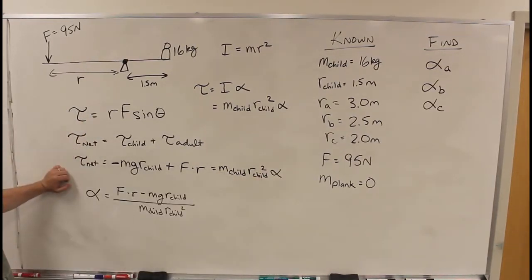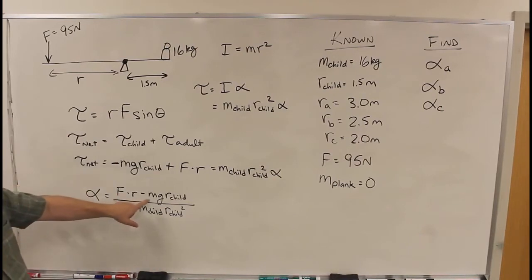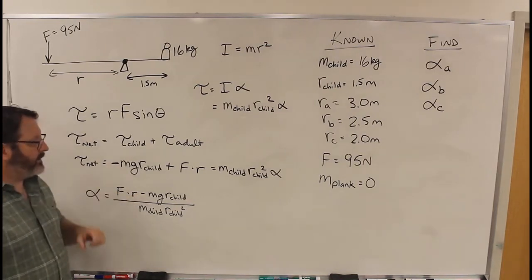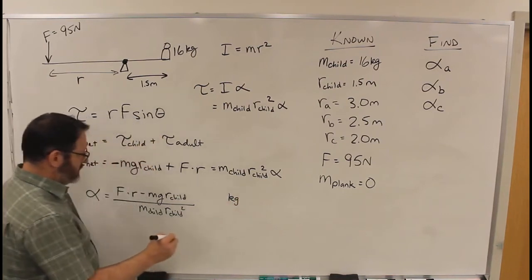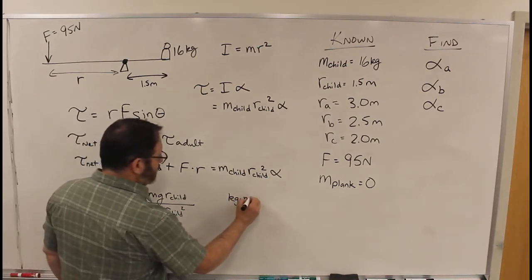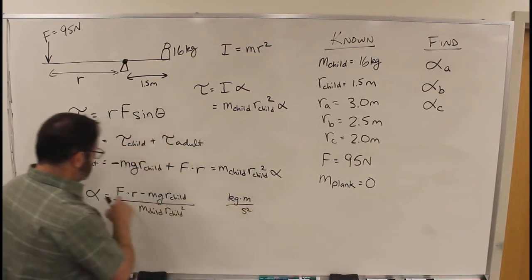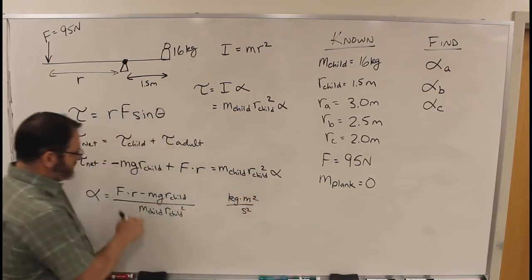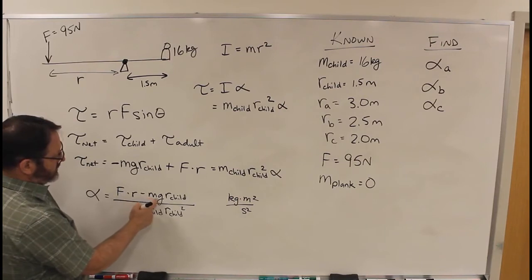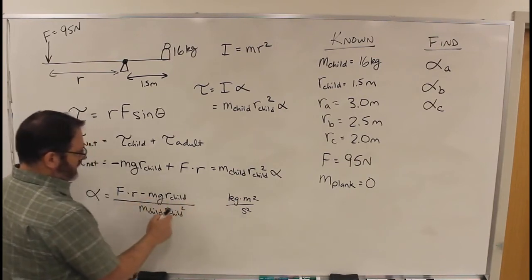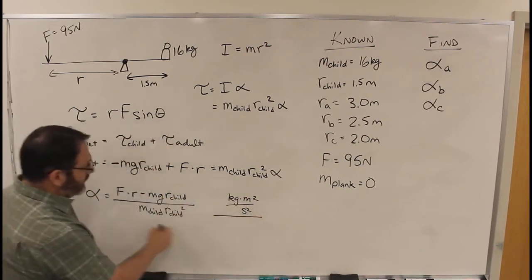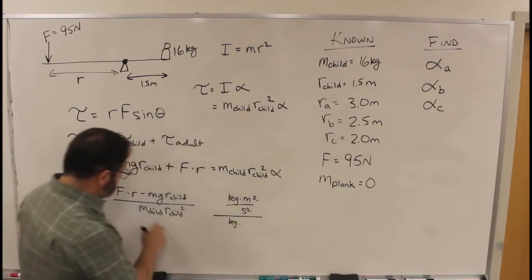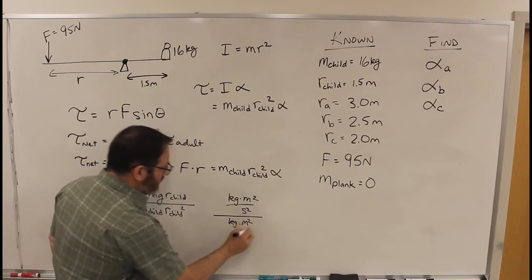Are the units going to work? This is force times a distance. So force, that's kilogram meters per second squared, times the distance. On the top we have this. On the bottom we have kilograms times meters squared.